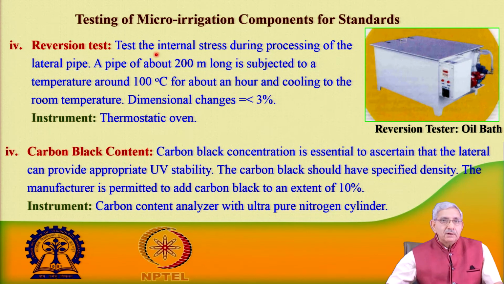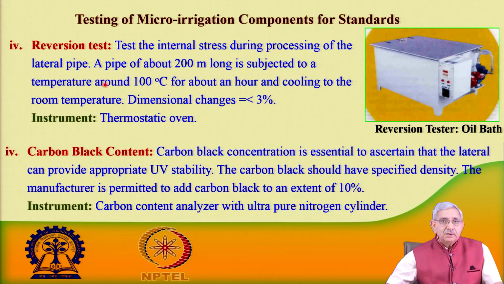The reversion test is to find out the internal stress during the process of making the lateral pipeline. A pipe of about 200 millimeter long is subjected to a temperature of 100 degrees Celsius for about an hour, and cooling to room temperature is brought in a shorter period, and dimensional changes, if any, should be within 3%.